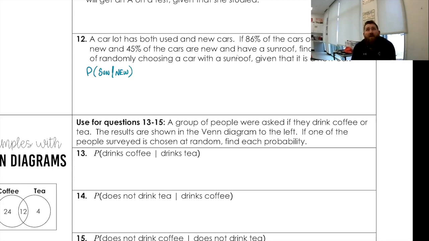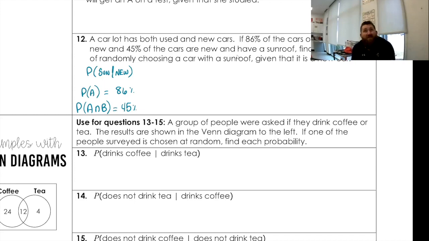Okay. So the beautiful part about these percentages is it already told me both. The probability of a new car on the lot is 86%. The probability of a new car that has a sunroof was 45%.